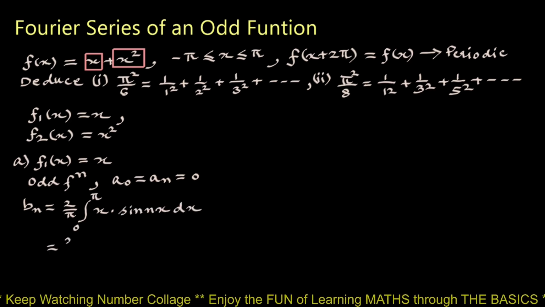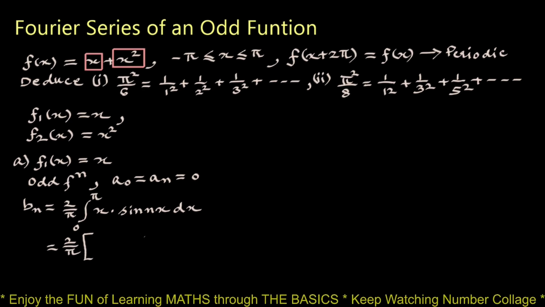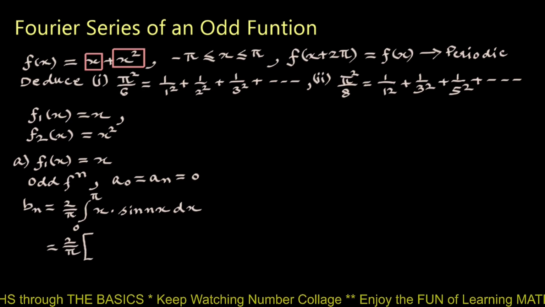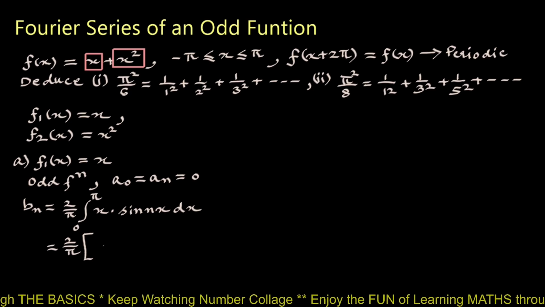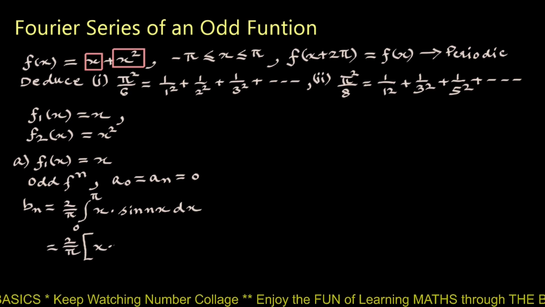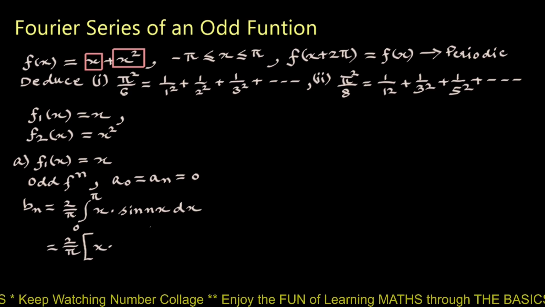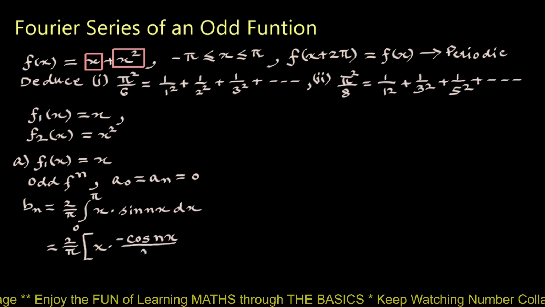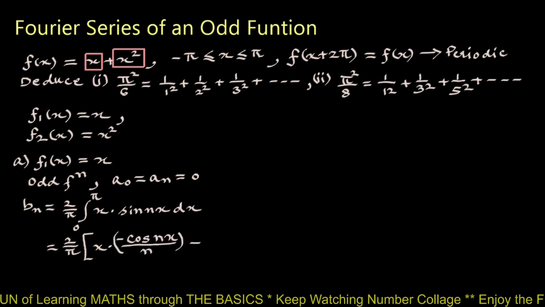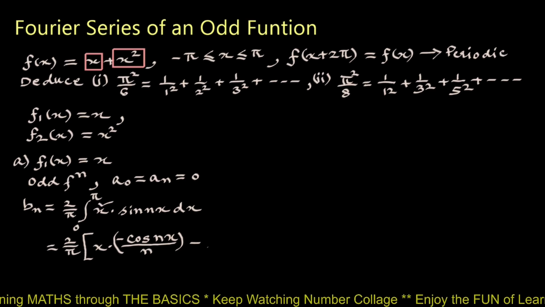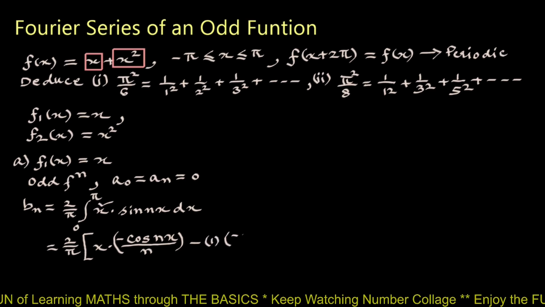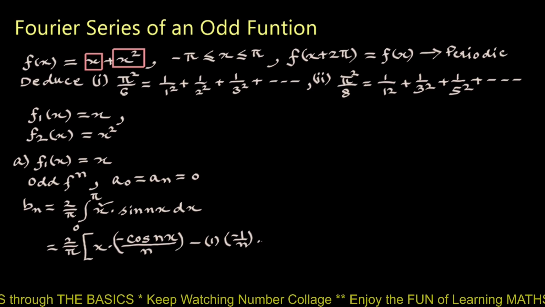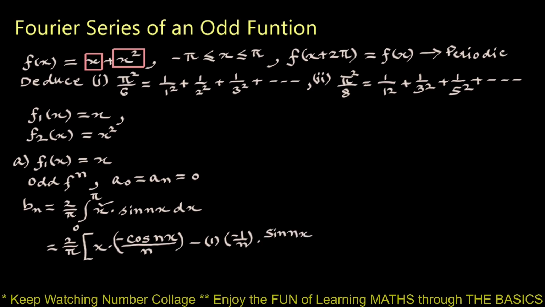2 upon pi into, here we will use the method of continuous integration by parts. So first function, x into integral of sin nx, minus cos nx upon n, negative sign, derivative of x, 1, into minus 1 upon n, integral of cos nx, sin nx upon n.